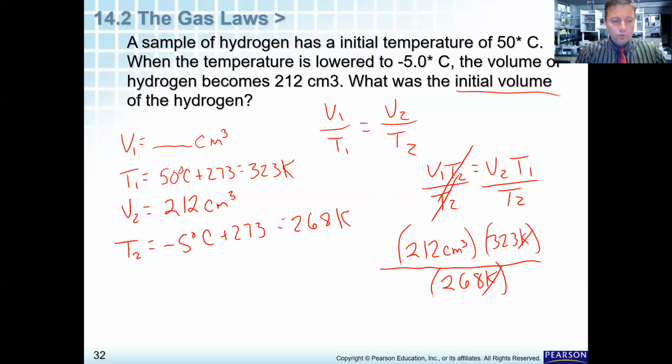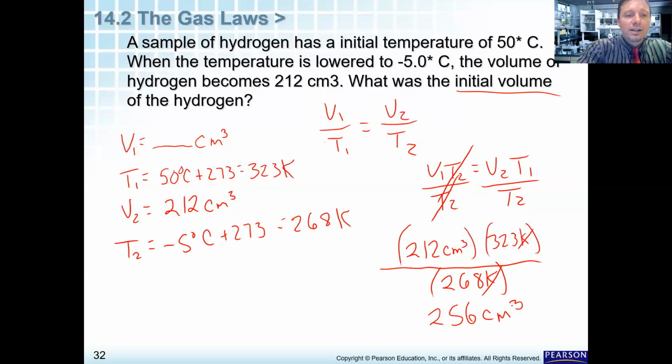So I go 212 times 323, and I'm going to divide that by 268. I have to be at 3 significant figures again. So it comes out on my calculator to 255.5, so that's 256 centimeters cubed.